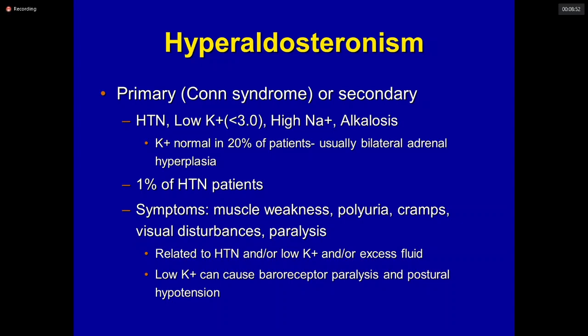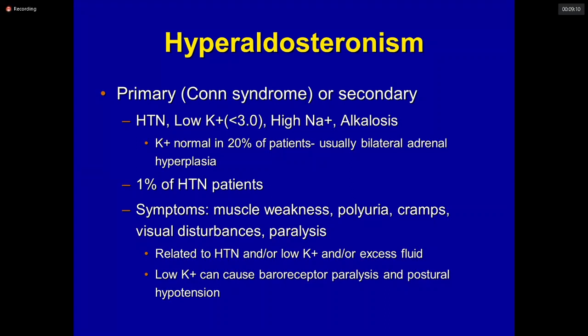the renin will be suppressed. Remember that the aldosterone is regulated by the angiotensin-renin aldosterone pathway. So when we have aldosterone in very high amounts because of a tumor secreting that, there will be negative feedback inhibition to renin.